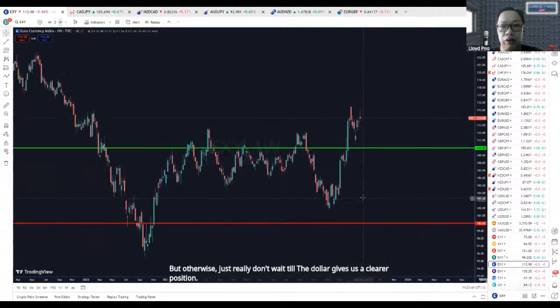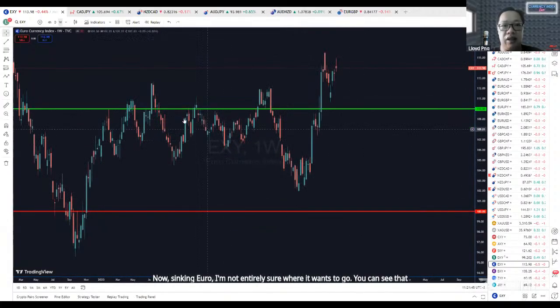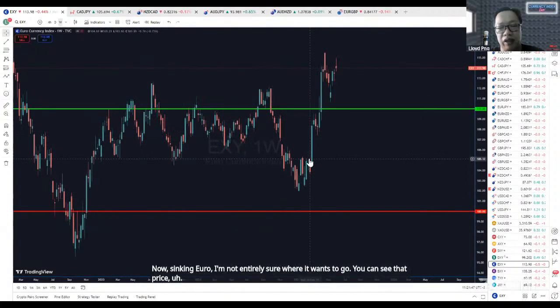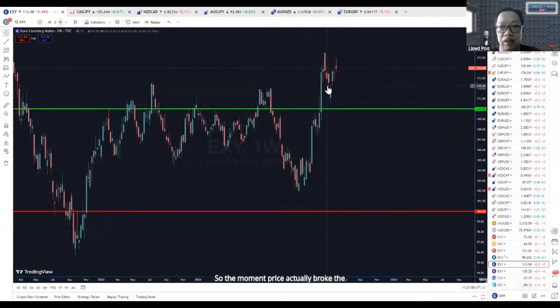Now, same thing, euro. Not entirely sure where it wants to go. You can see that price has quite erratic movement. I don't see it as a range or a trending chart. So the moment price actually broke the 110 level, it shook up fairly fast within a week, and then again, a strong rejection.